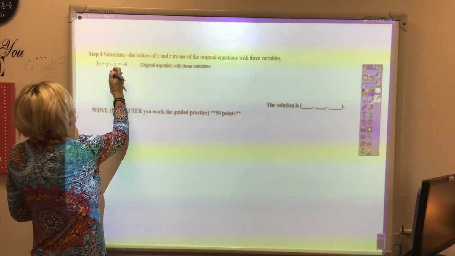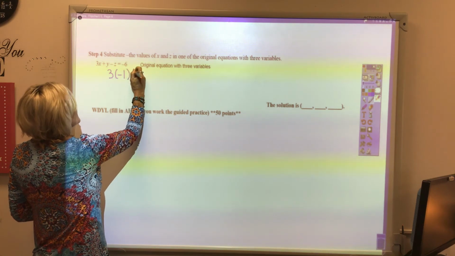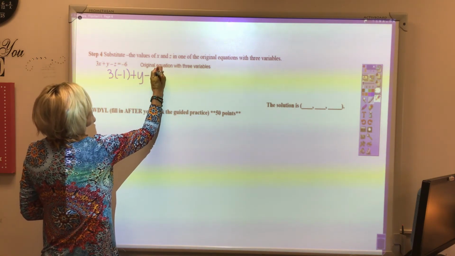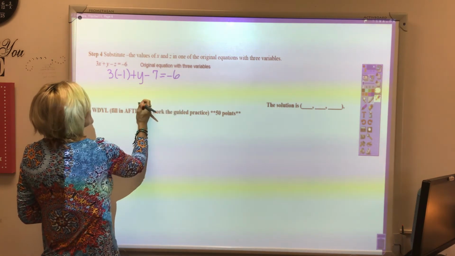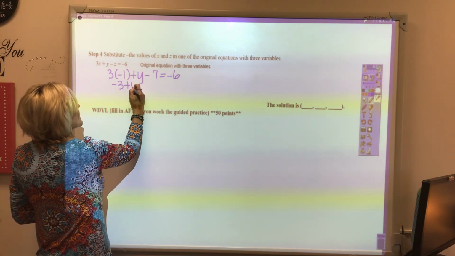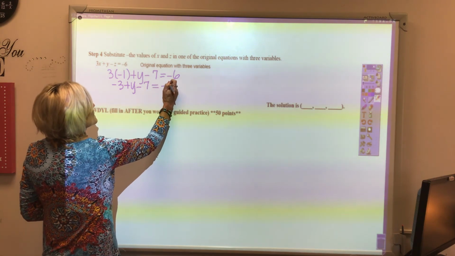So we will have 3 times negative 1 plus y minus 7 equals negative 6. So negative 3 plus y minus 7 equals negative 6.